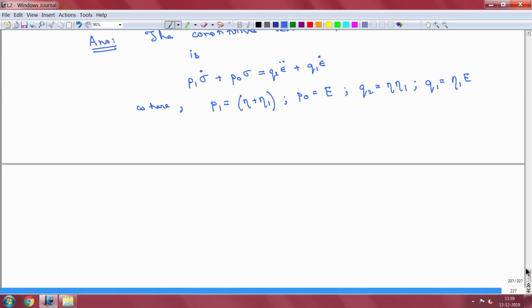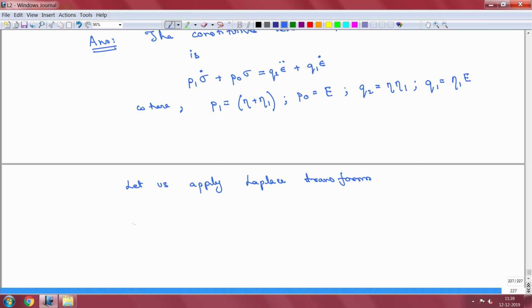So let us take the Laplace transform of both sides. And we are going to use the same convention that we have used before. For example, if you have sigma, then sigma bar of s basically tells you that it is a Laplace transform, and s is the variable that corresponds to the Laplace transform.